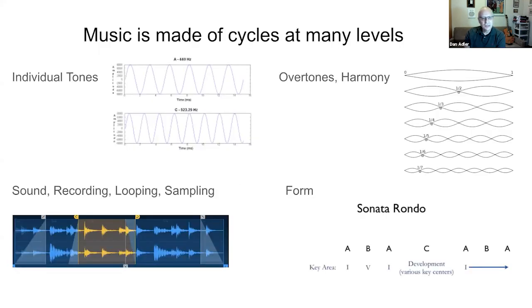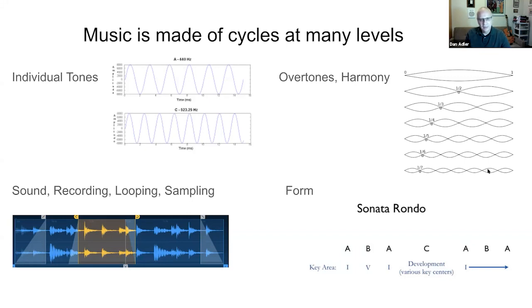So let's start by just looking in general. We know that music is made of cycles at all levels. Individual tones are cycles. Sine waves, strings that are plucked are waves. We know about the overtone series, about harmony having to do with it. And of course, today we all know about cycles and waves in loops and recording.